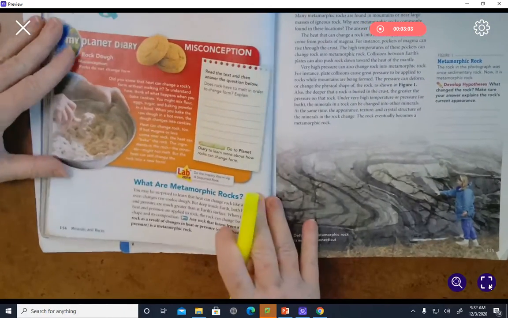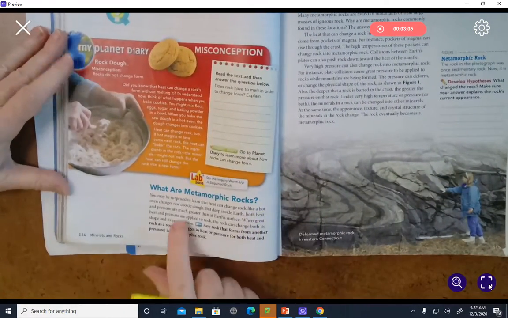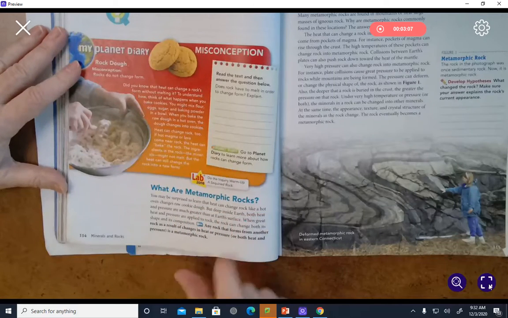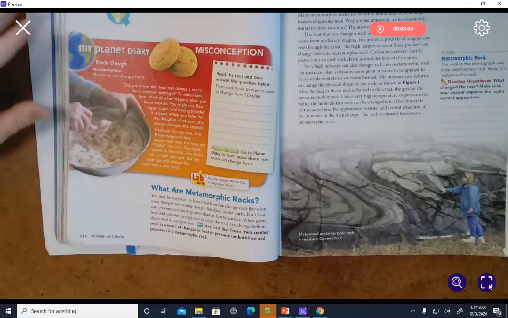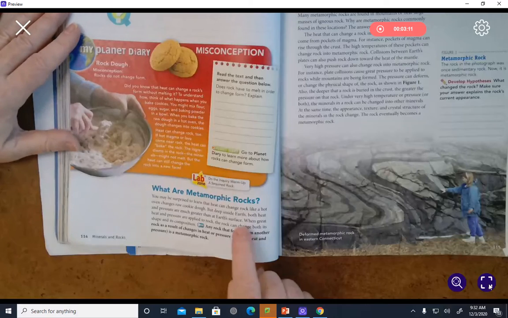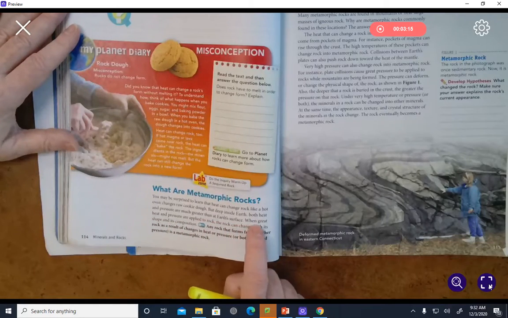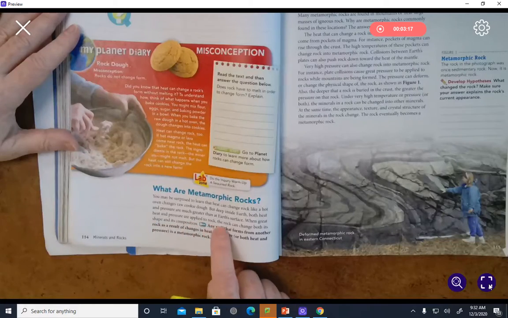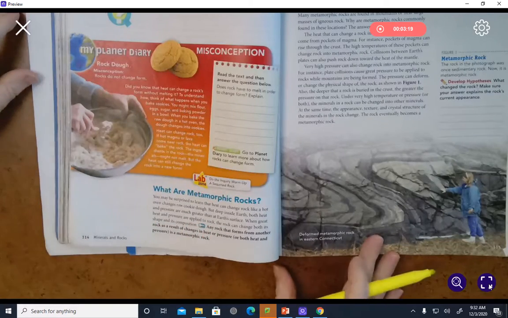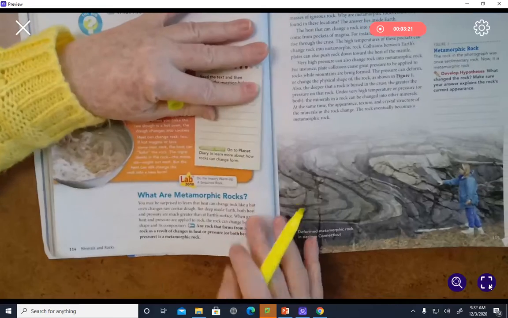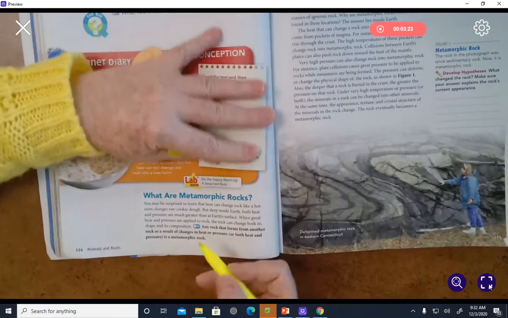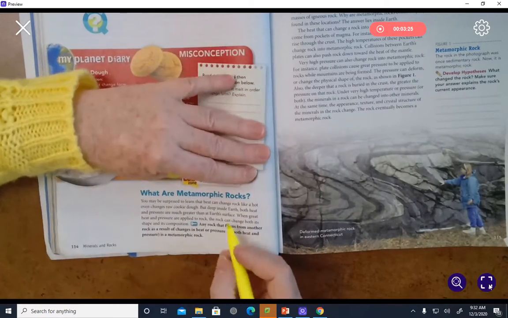So what are metamorphic rocks? You may be surprised to learn that heat can change rock like a hot oven changes raw cookie dough. But deep inside Earth, both heat and pressure are much greater than at Earth's surface. When great heat and pressure are applied to rock, the rock can change both its shape and composition. Remember, here's a key idea, so you want to make that jump out for you.